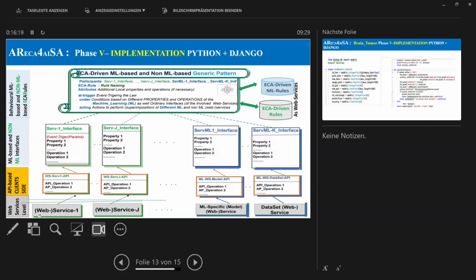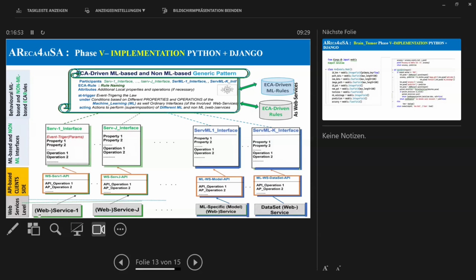For the web service, we are implementing them with Django, Django REST, and the result is generally in JSON or XML. That's why we have added another level which allows us to bring this XML and JSON into usual object-oriented form, so that the rules will be easily formulated.